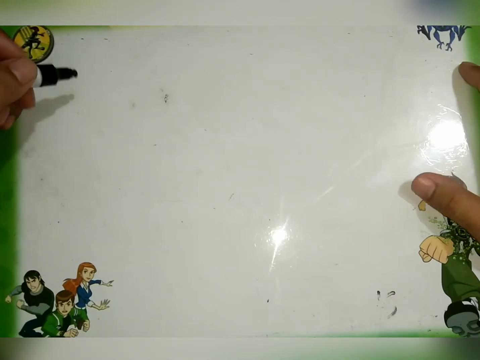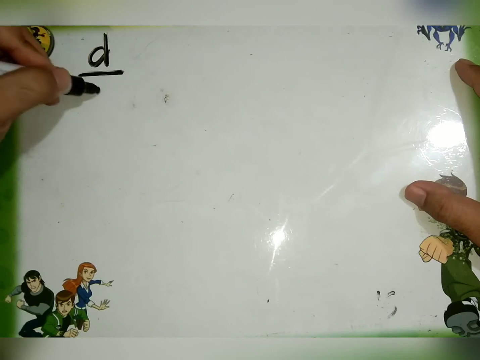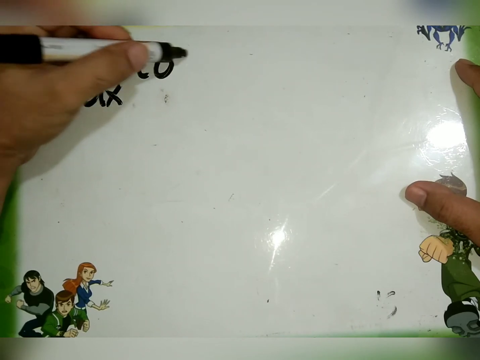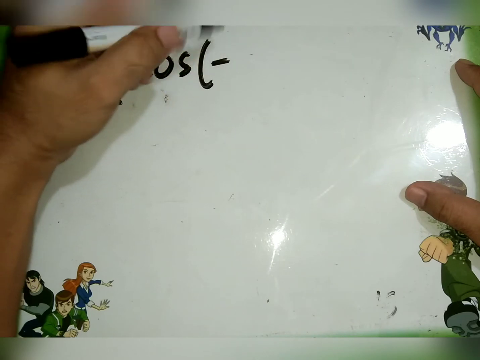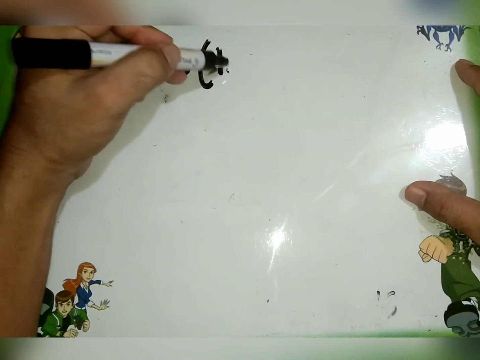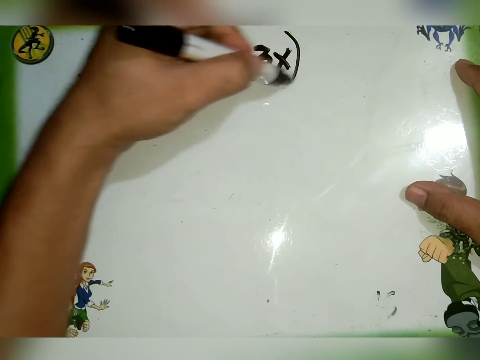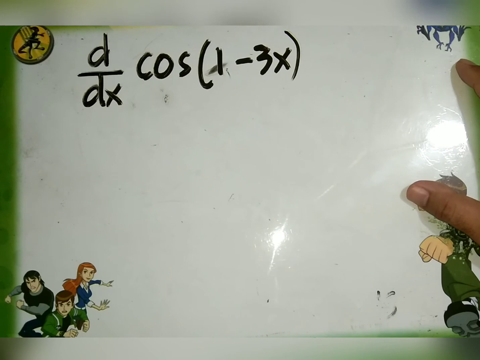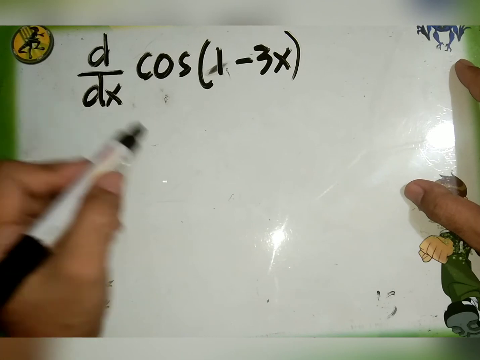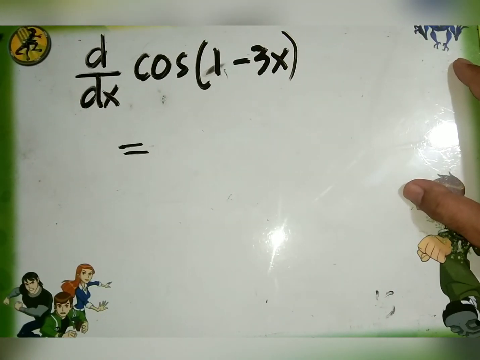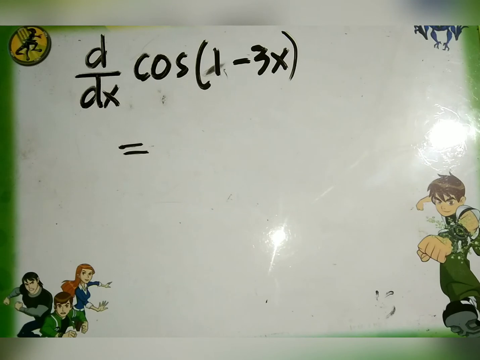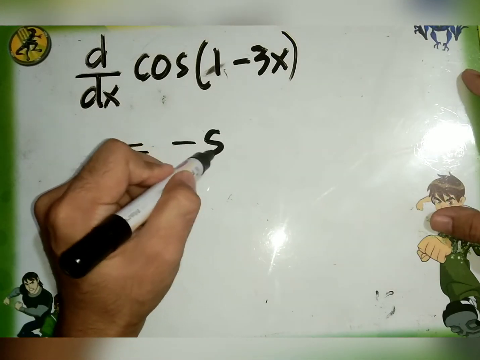Another example. Derivative of cosine 1 minus 3x. What is the derivative of cosine 1 minus 3x with respect to x? Solution. What is the derivative of cosine? Negative, again, negative sine.